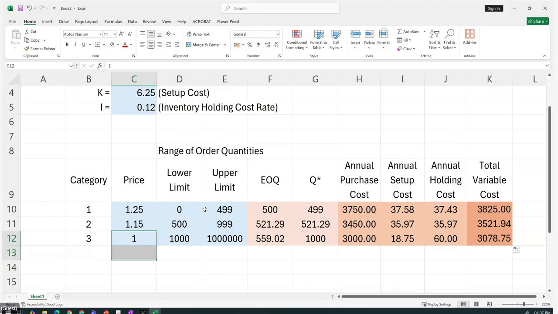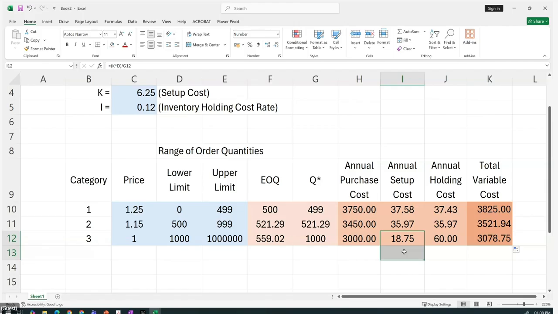If we go with that, you can see among the 3 possibilities, which one is giving the lowest cost? The third option is going to give us the lowest cost. So what is happening? The setup cost is the lowest here. Why is the setup cost lowest here? Because we are ordering only 3 times in a year.